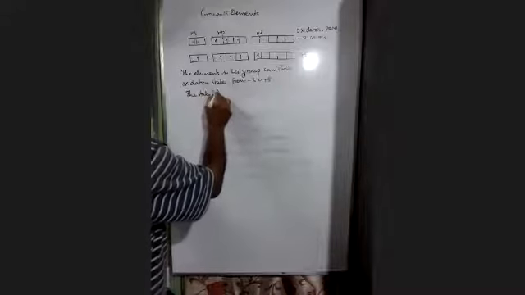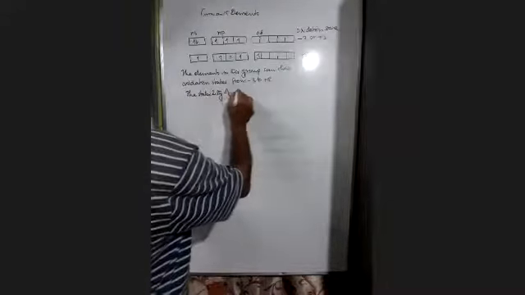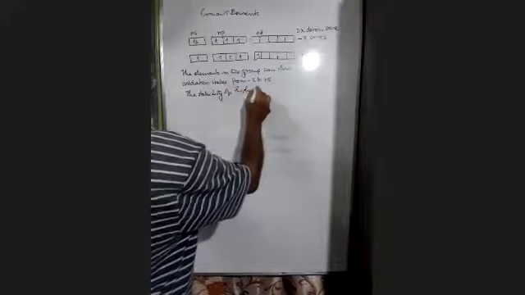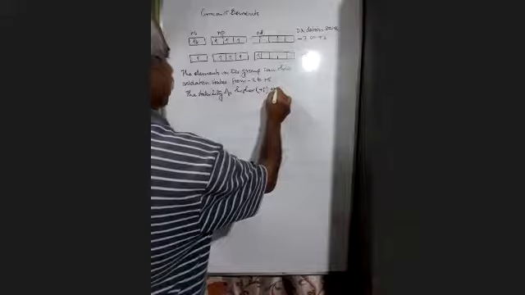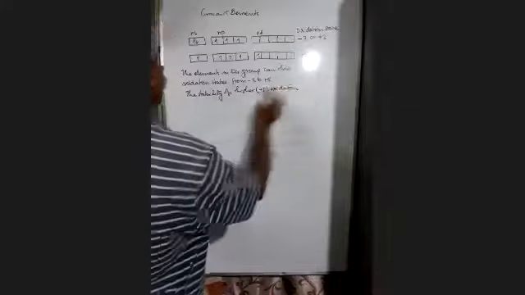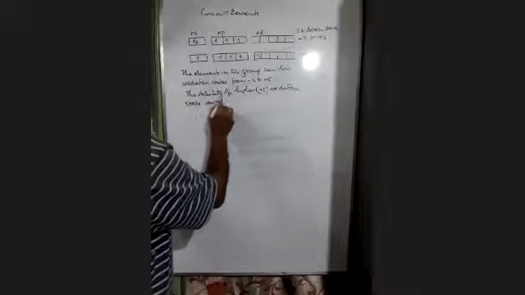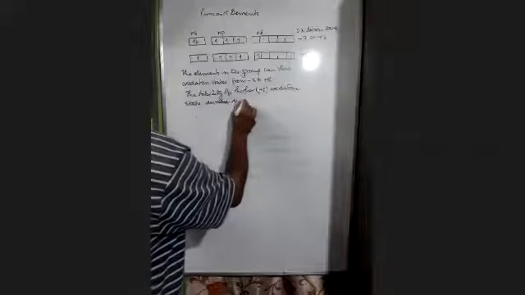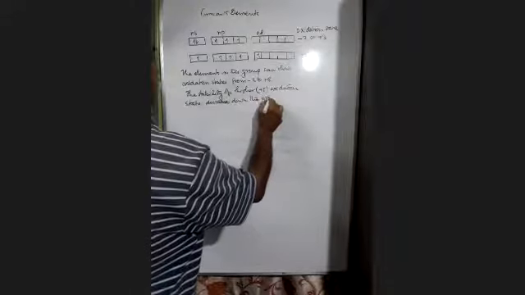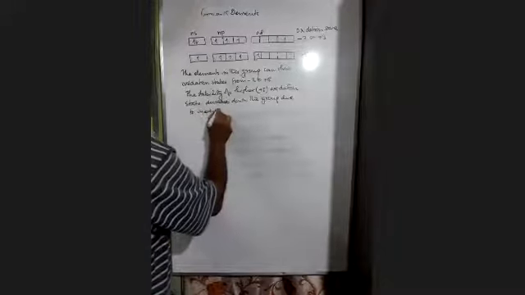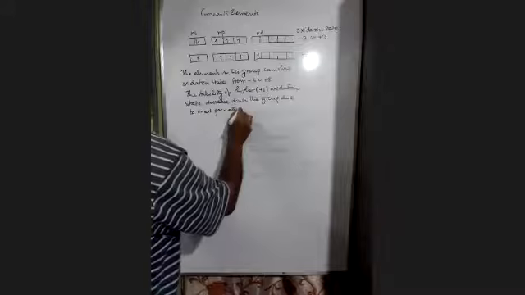So what should I say? The stability of +5 oxidation state decreases down the group due to inert pair effect.